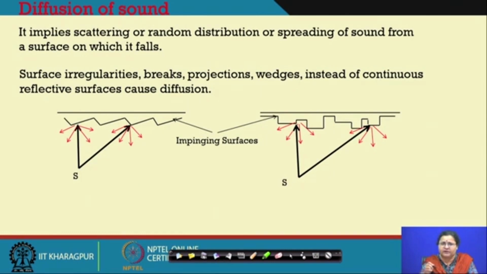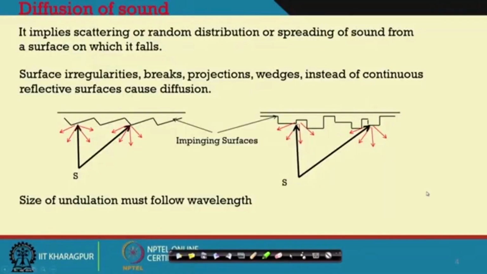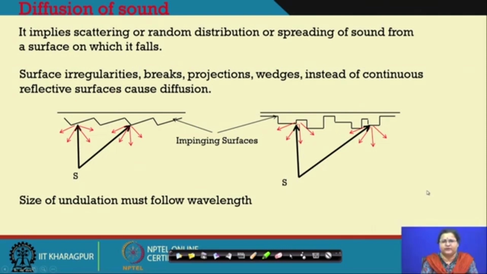Whichever have lesser wavelength can actually get reflected and reach one's ear very sharply, whereas the other range may not reach the person's ear sharply, it will be distributed. So, some of the wavelengths can really hit one's ears and create an annoyance. So, we have to be very particular about the size of the undulations if we really know the wavelength with which we are going to play in this room.